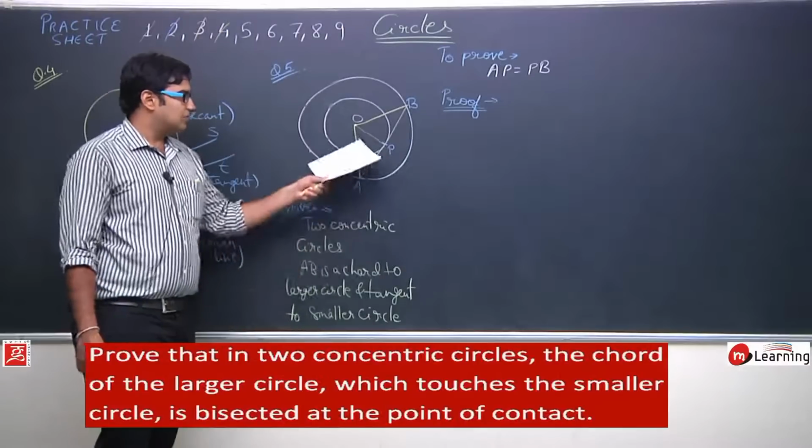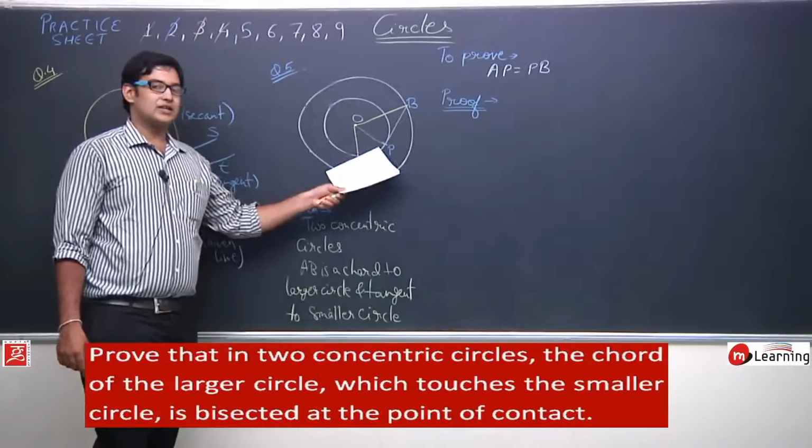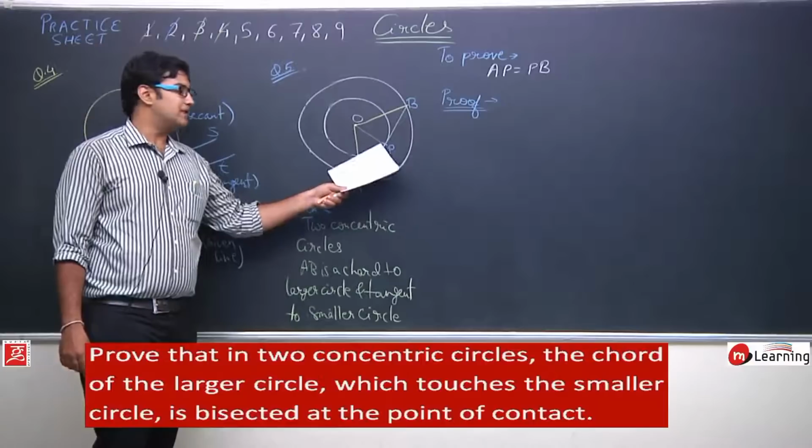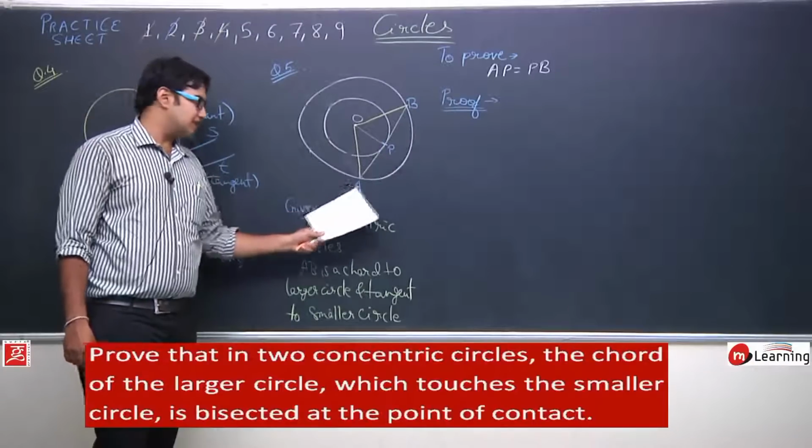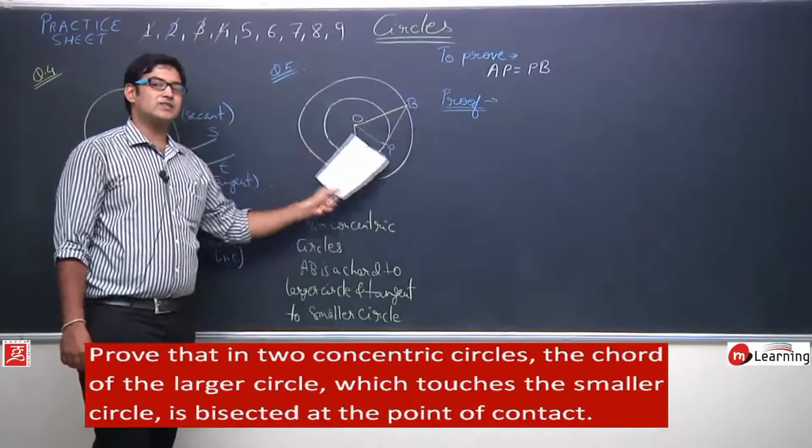Now, as you know, OP is a radius of the circle and P is the point of contact of this AB tangent and the radius of the circle.